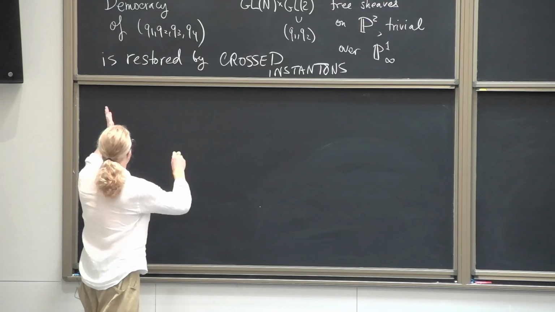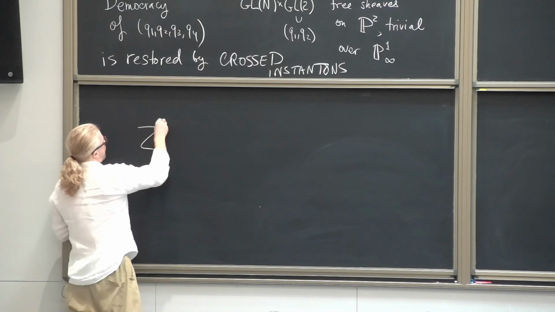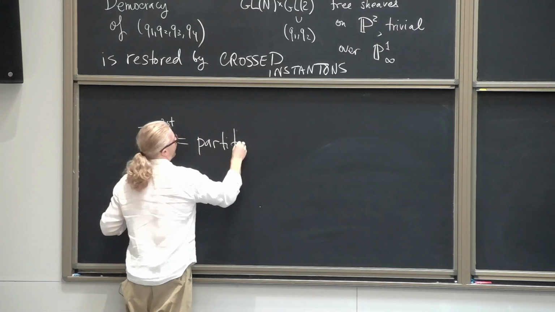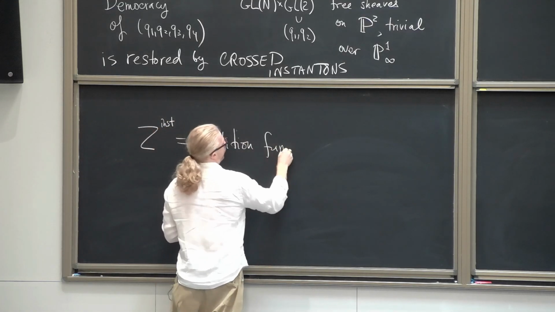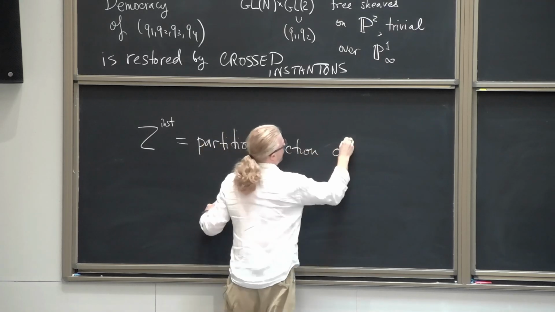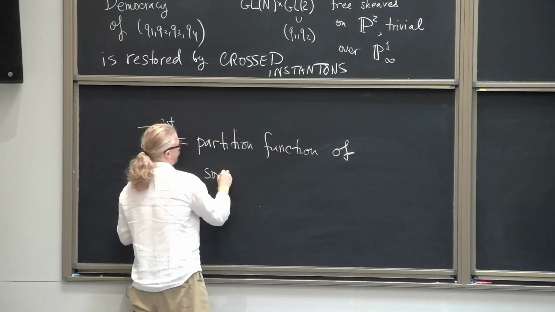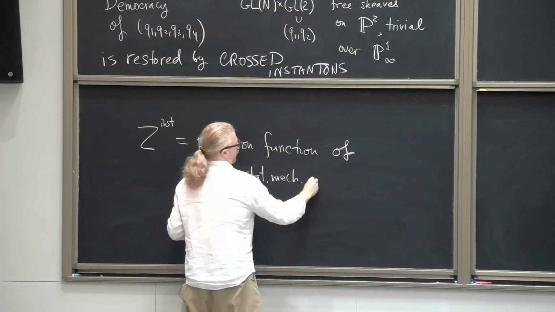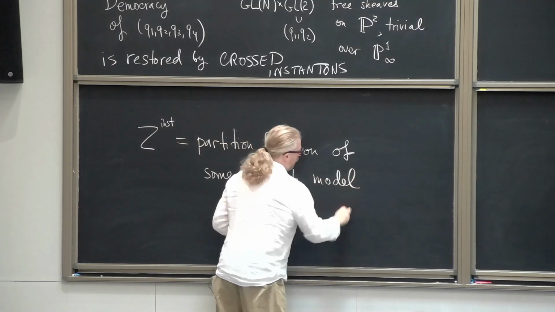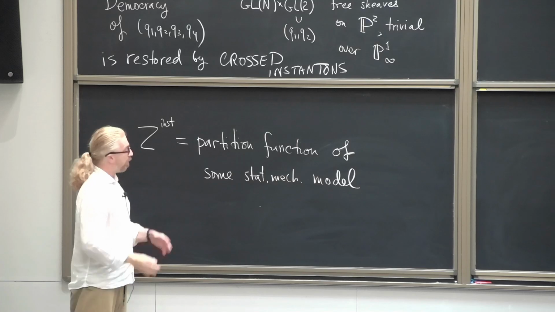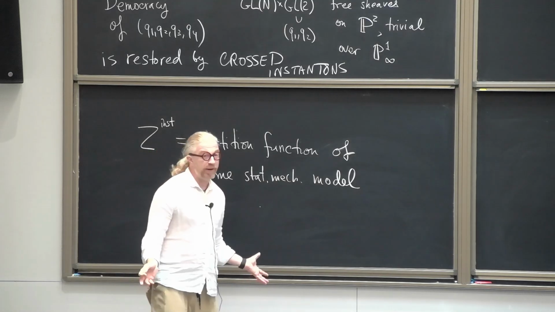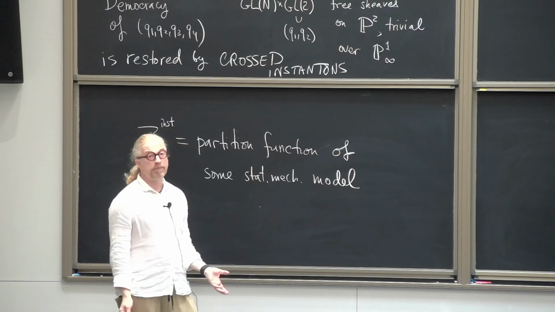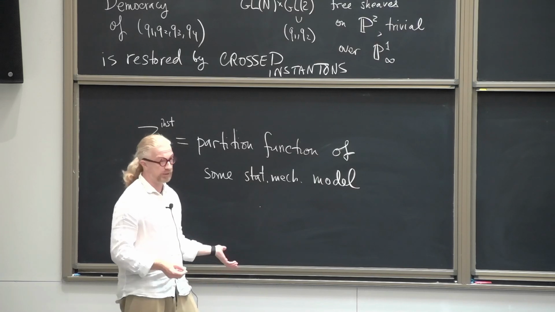And so this whole thing became just the partition function of some StatMech model, but we are not interested in partition function per se. We want to study correlation functions. And so the main question is, what are the good observables?